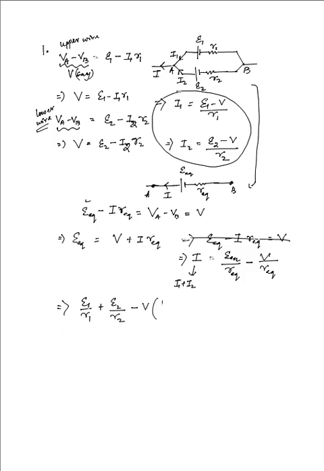I have 1 by R1 plus 1 by R2. What about this? Now the R equivalent, if you see, the combination here is parallel.